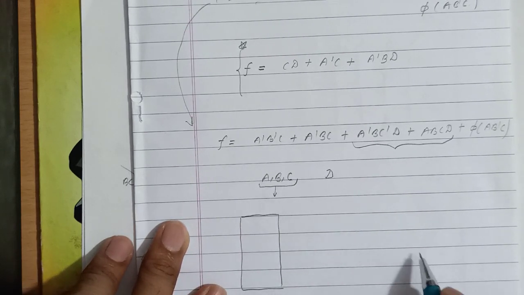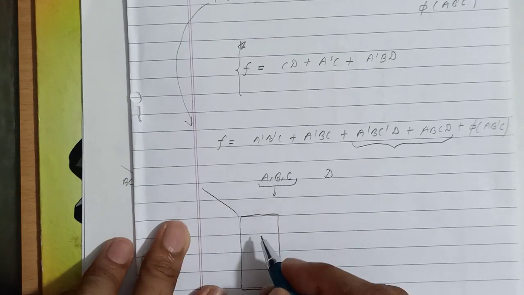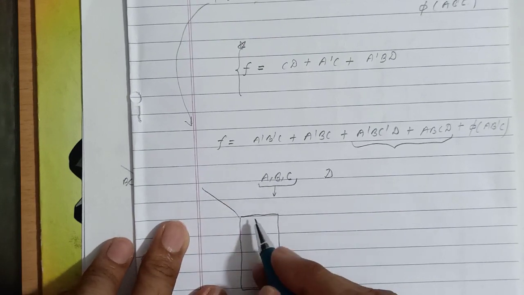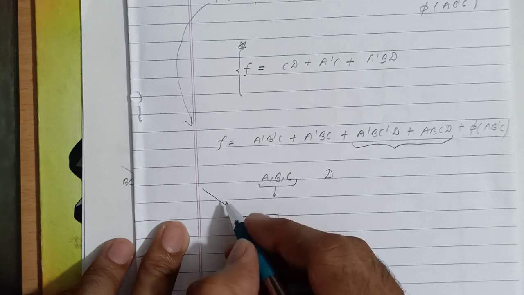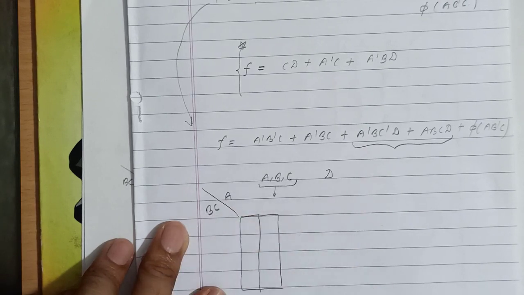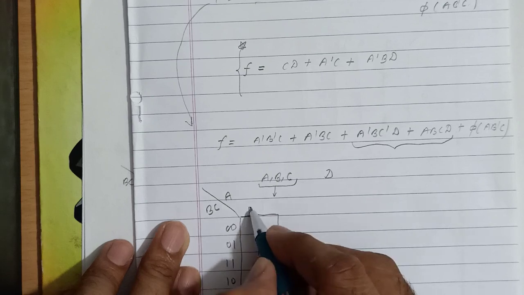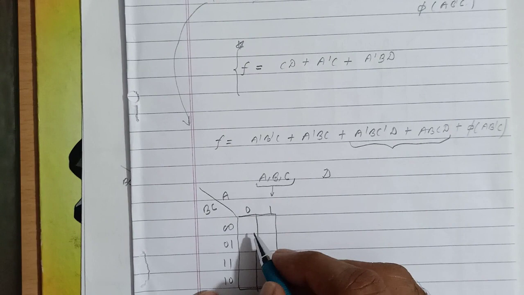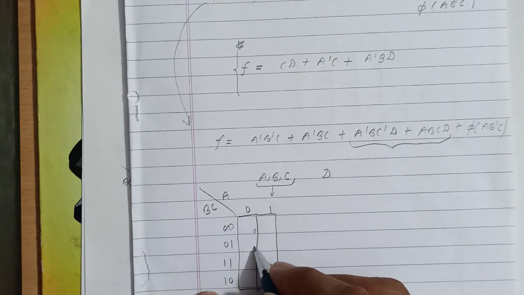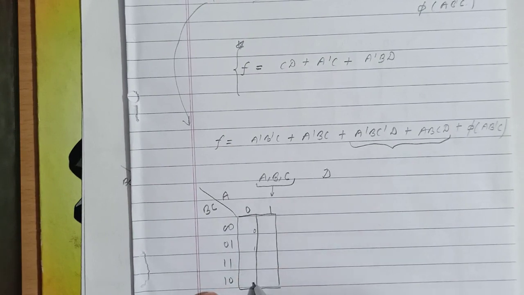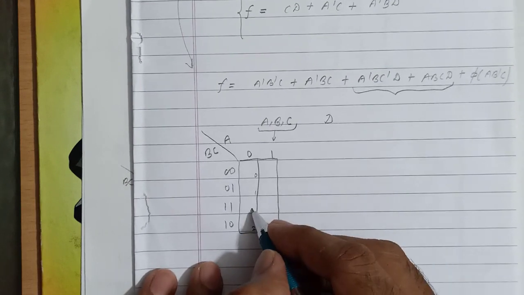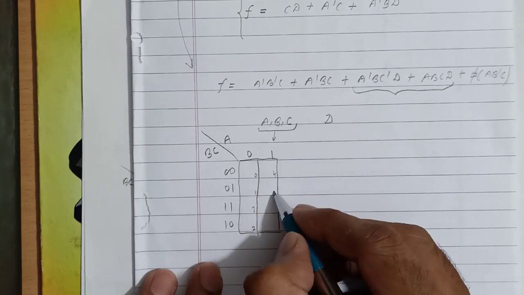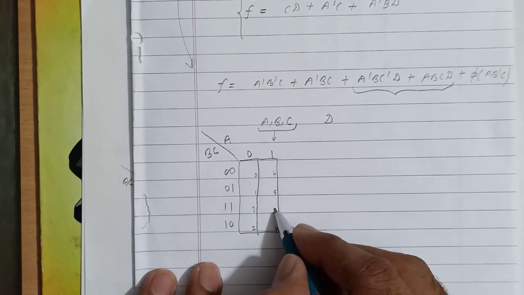This is A, these are B and C: 00, 01, 11, 10. This will be minterm 0, this is 1, this will be 2, 3, 4, 5, 6, 7.